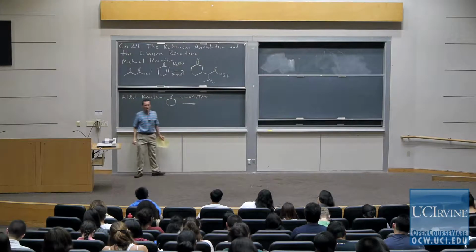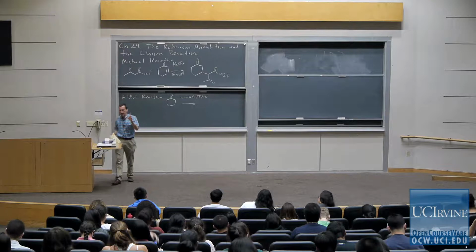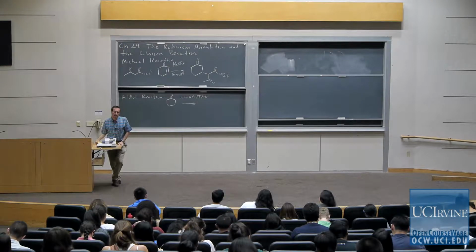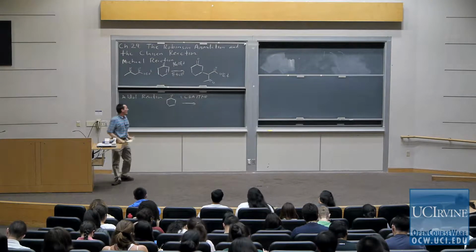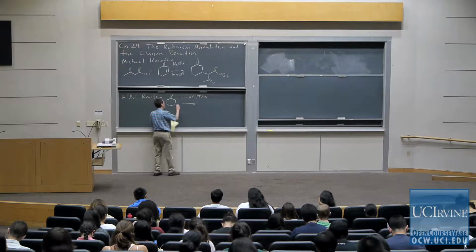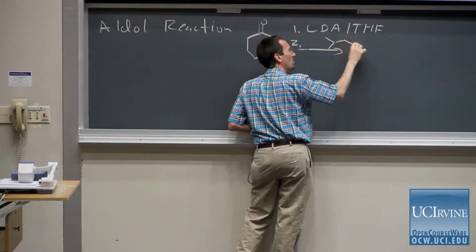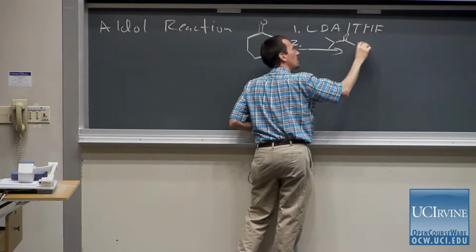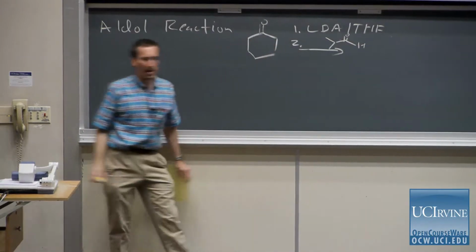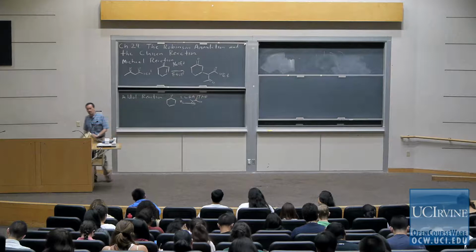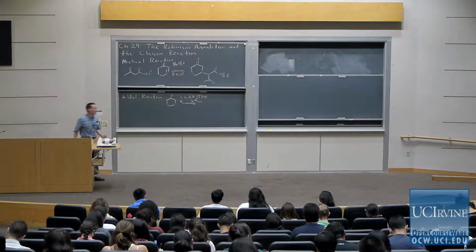LDA is a very strong base. Conjugate acid diisopropylamine has a pKa of 40. And then in a second step, we add a ketone or aldehyde. I said this is a very general recipe, and I used isobutyraldehyde in this particular example, 2-methylpropanal.